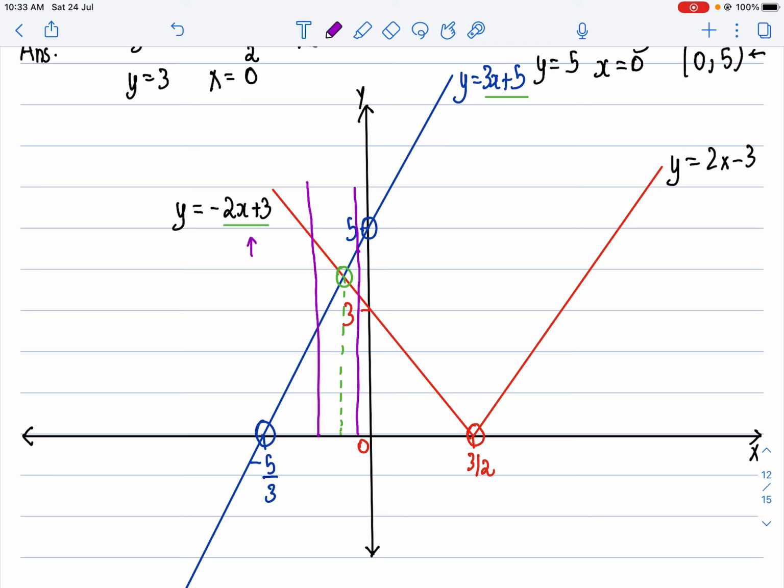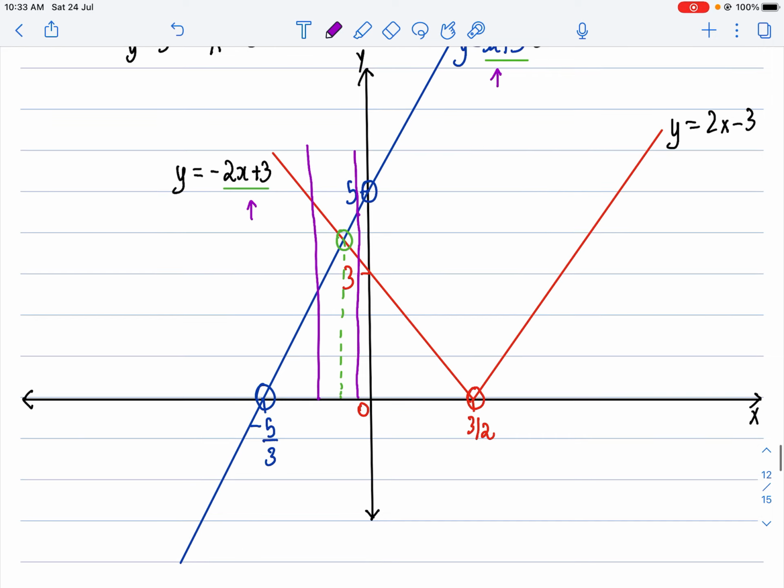Where is the y coordinate of minus 2x plus 3 more than the y coordinate of 3x plus 5? Correct? Basically, what I mean to say is, if I make a line here, and if I make a line here, the y coordinate of the blue line is more than the y coordinate of the red line, which we don't need. We need the red line to be more than the blue line.